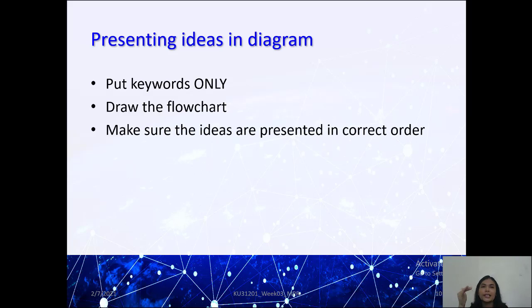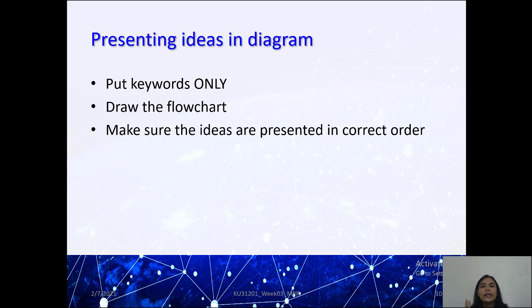If the text is quite long, it is quite unlikely for a writer to transfer all of the information into a diagram, because the diagram won't fit, and the readers won't be happy to read it, and it will be too overwhelming for everyone to read and to write. So the best thing to do is to list down the keywords for the important things that you want to present to the readers. So that's the first thing.